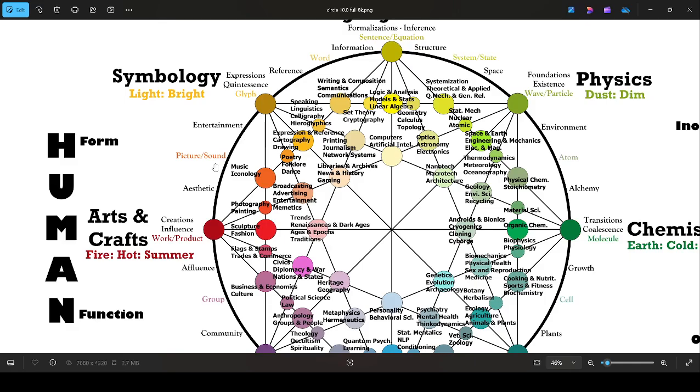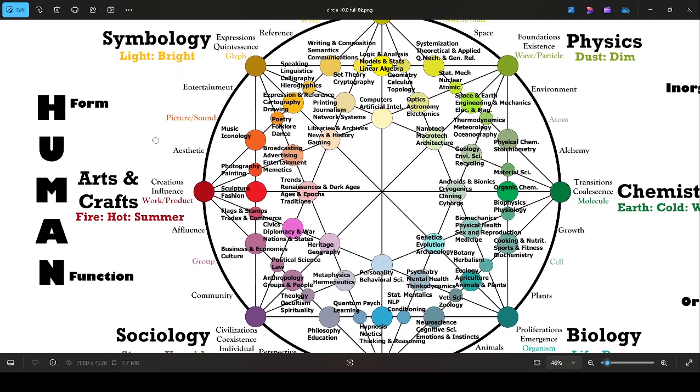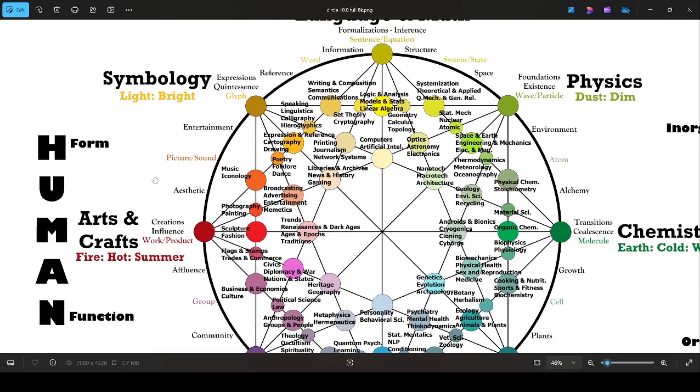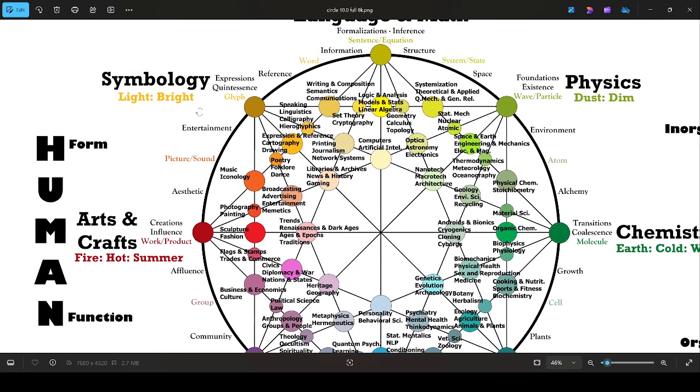Then, let's see. For symbology, this is split into expression and reference. So on this one, you'll notice that the expression part is more still connected to the art, or how do you express something, and icons and pictures and sounds and things like that.